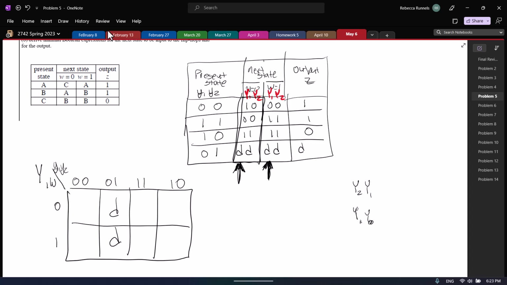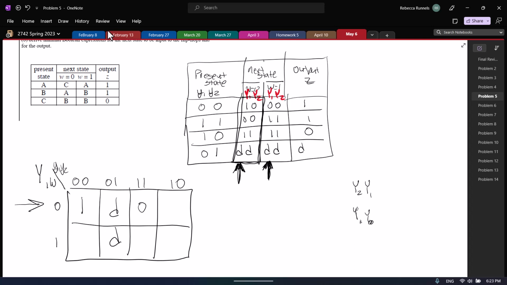And this block right here, that goes with W equals 0. W equals 0 is my first row of this table. So when W is 0 and my present state is 0, 0, y1 is 1. When W is 0 and my present state is 1, 1, y1 is 0.